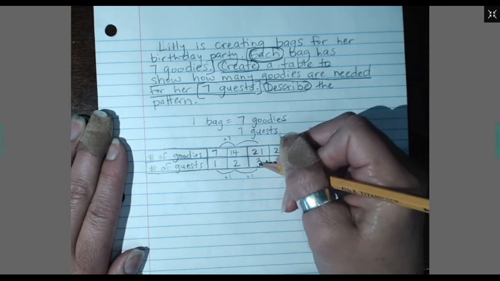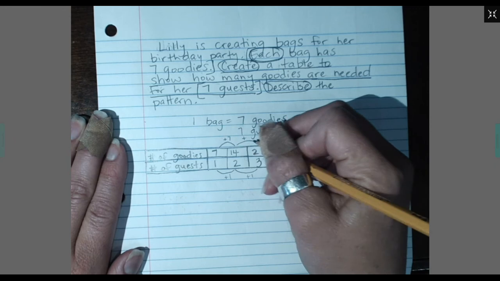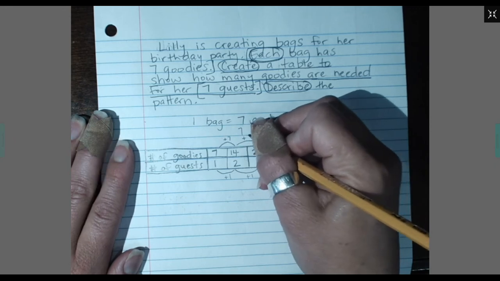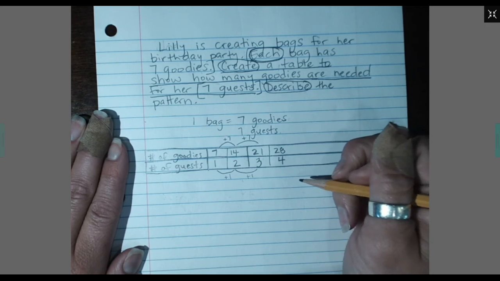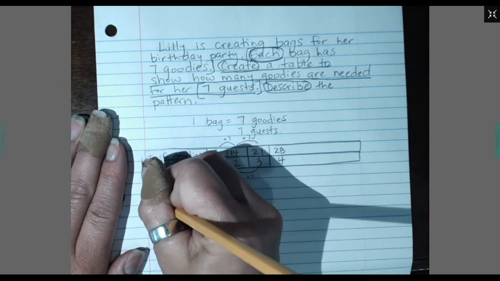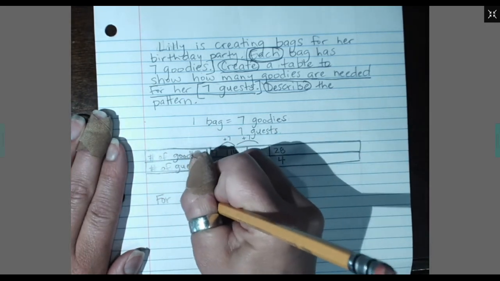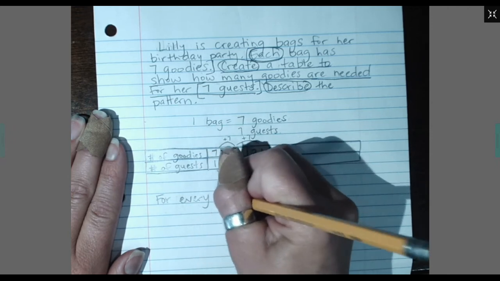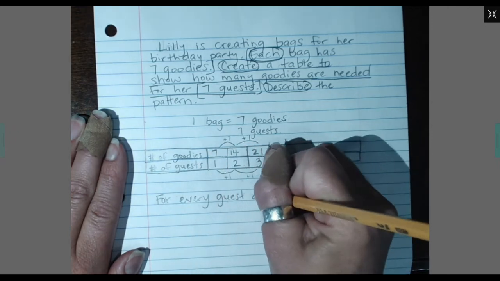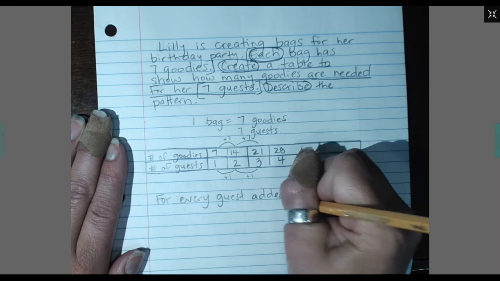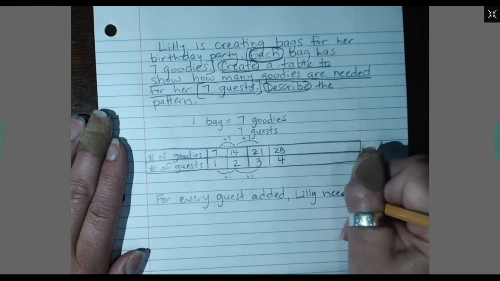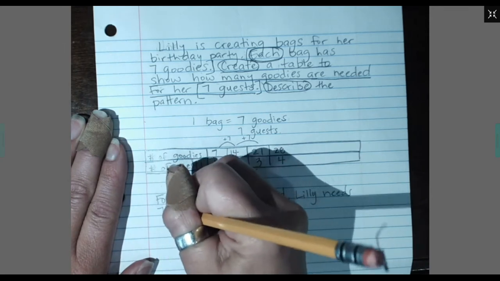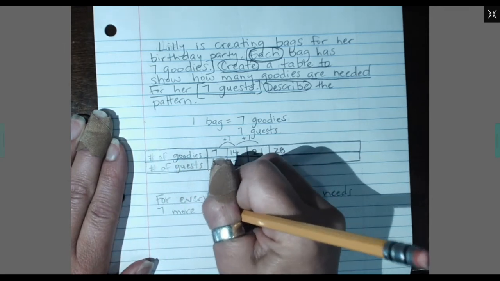To get from 2 guests to 3 guests, how many did she need more? 7 more. So how could we describe this pattern? For every guest added, Lily needs 7 more goodies.